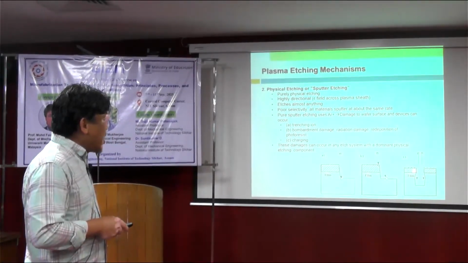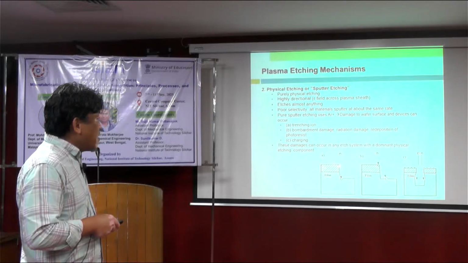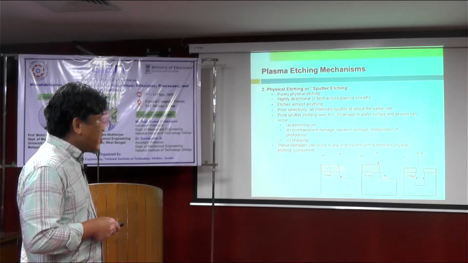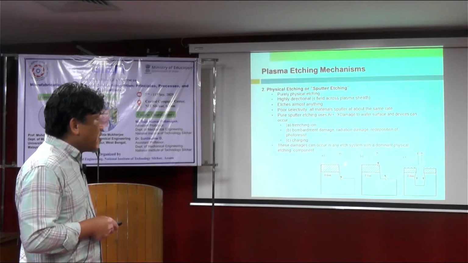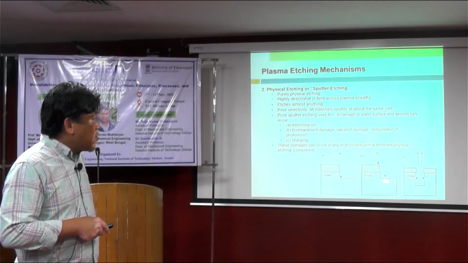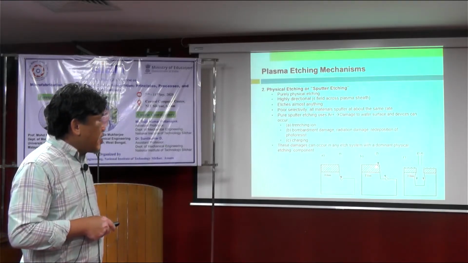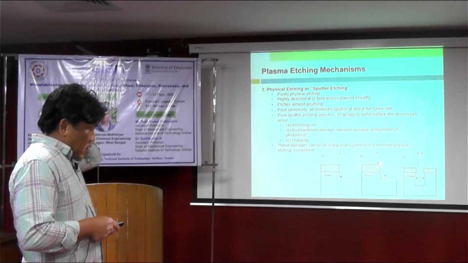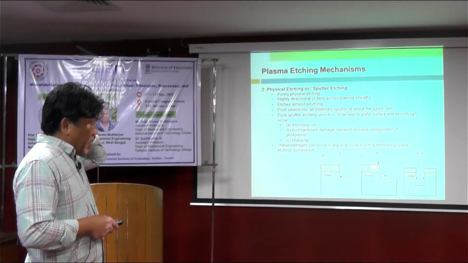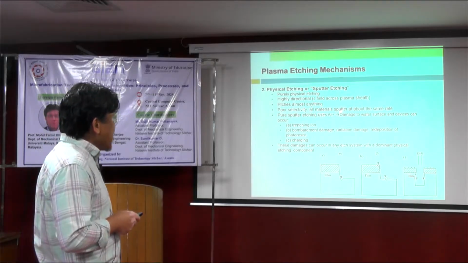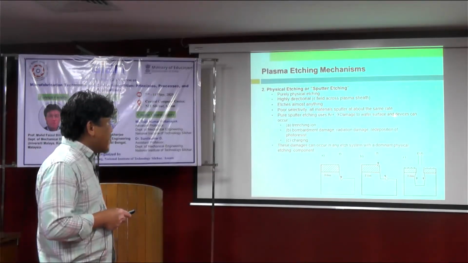So even though you have selectivity of different materials, it will somehow etch as well, because it is about forced removal of the materials. The rate might be different, but the removal happens. And there is poor selectivity, all materials sputter at about the same rate.